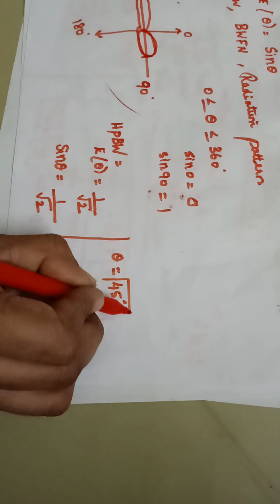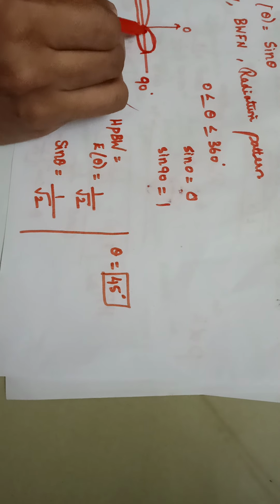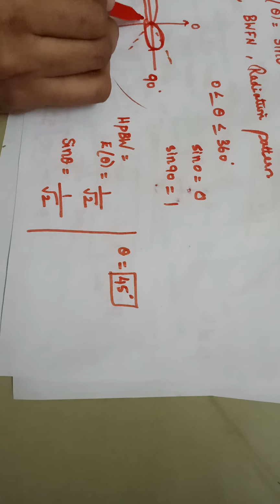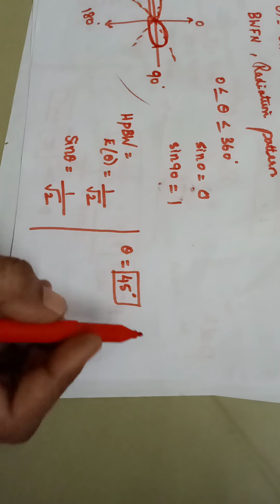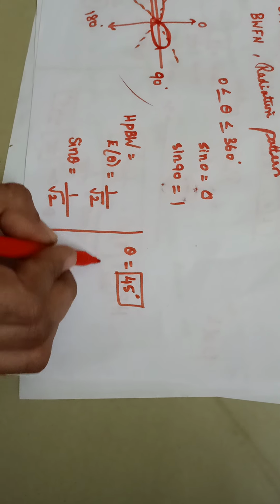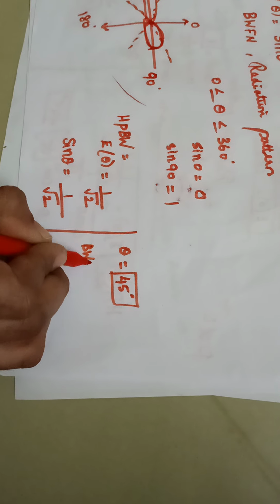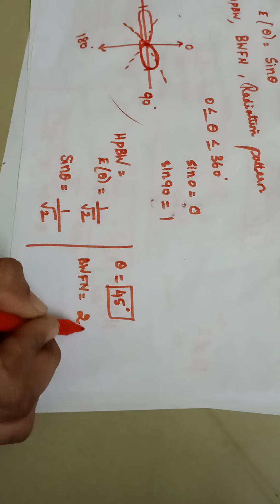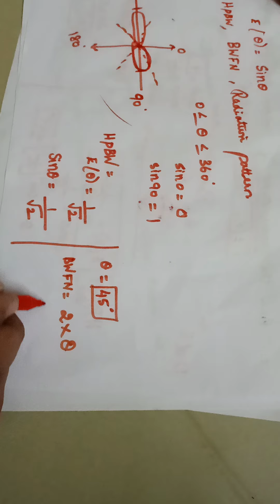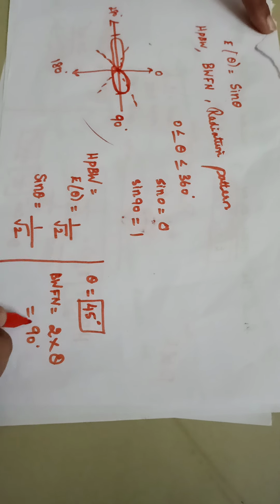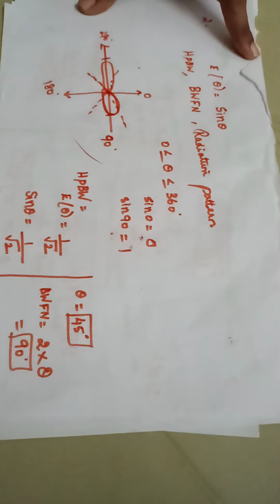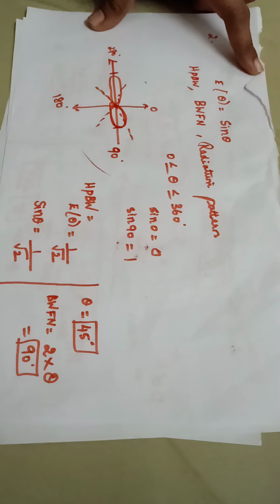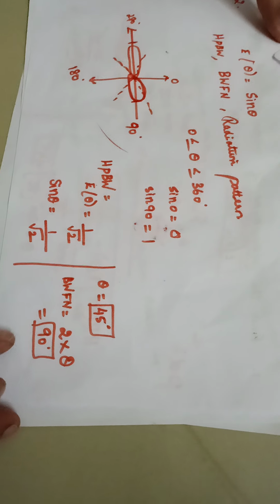The answer is again 45 degree. Then the beam width between first null is twice the half power beam width, which is 90 degree. So this is how we find the half power beam width and the beam width between first null.